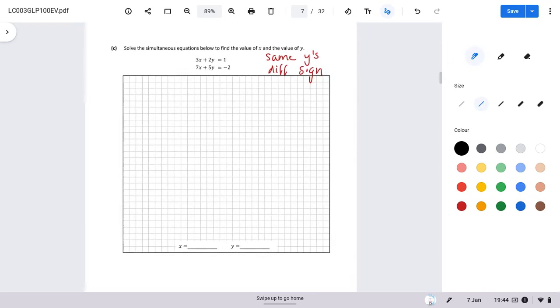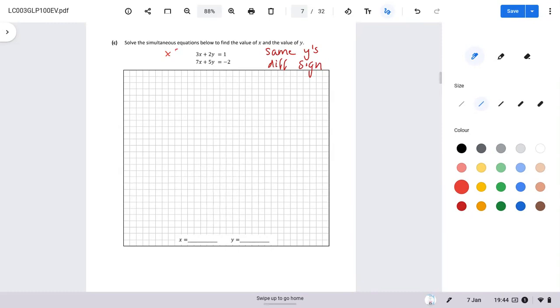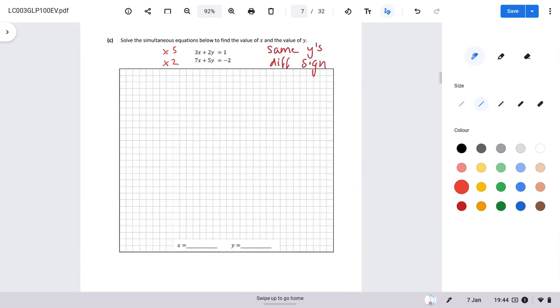So what I'm going to do is multiply this top line by 5, and this bottom line by 2. It's the opposite number to what it has. But if I just do this, I'm going to end up with plus 10y and plus 10y. So one of them needs to be a minus. So I'm going to multiply this here by minus 2. So the same number of y's and different sign.